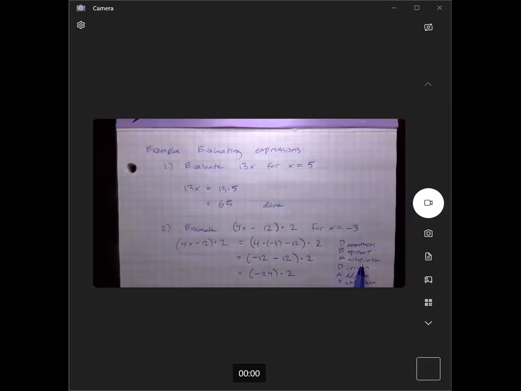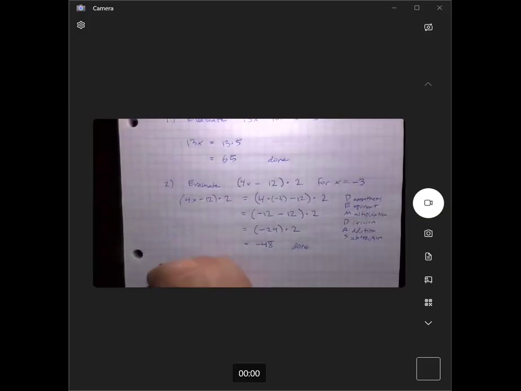And now we've got a multiplication. So now we multiply negative 24 times 2, and we get negative 48, and we're done. We replaced the x with the negative 3, and we calculated the result. Let's keep going.